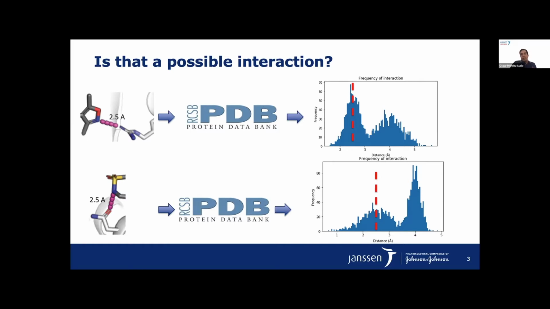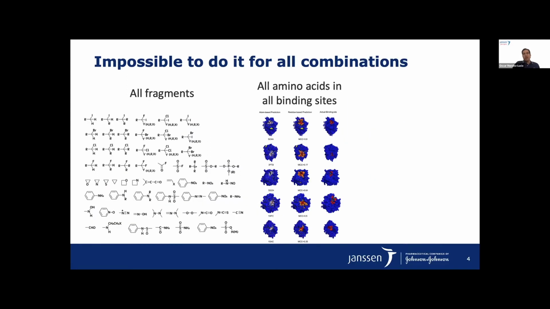So I wanted to take this way of thinking and translate it to deep learning, and see how we can use these ideas to predict the ligand conformation. It's impossible to do this analysis for all possible ligands and all possible binding sites, because it would be an enormous amount of data. Taking all fragments and all amino acids is just impossible.